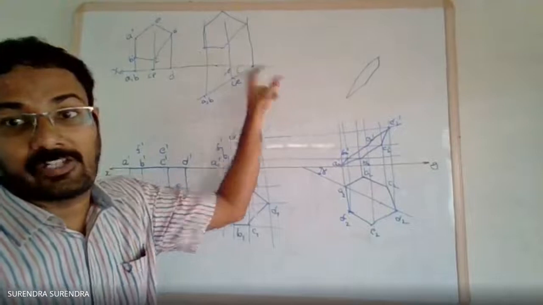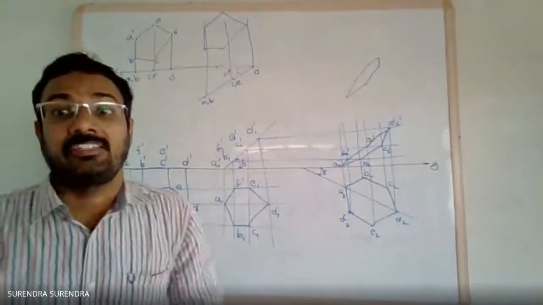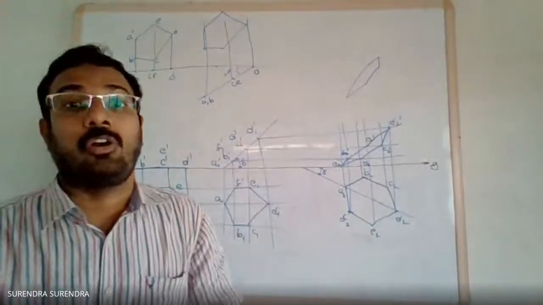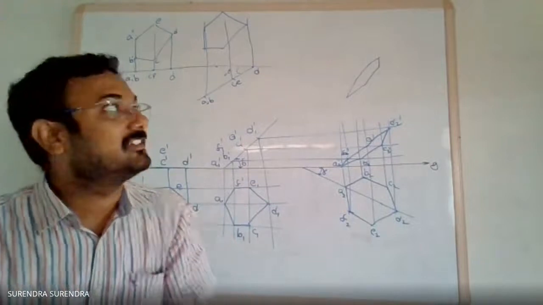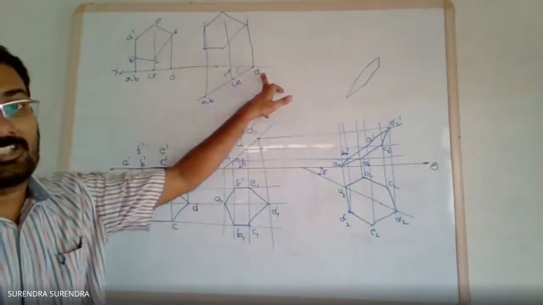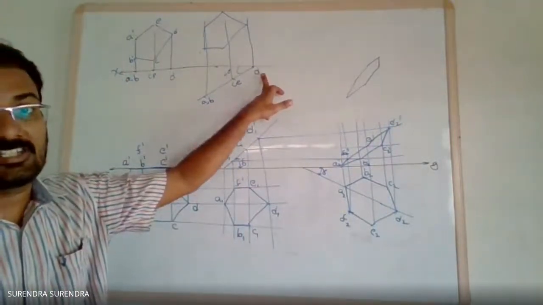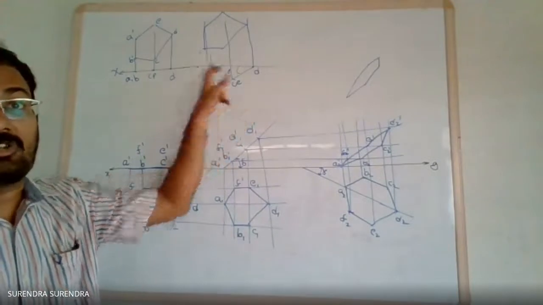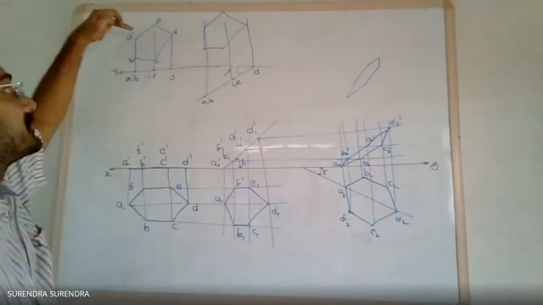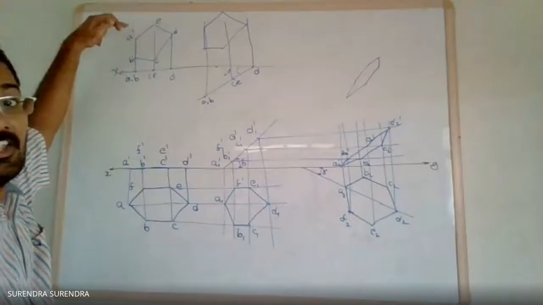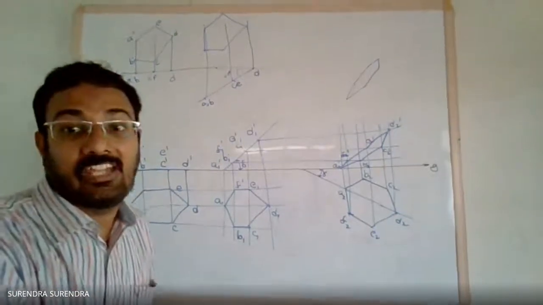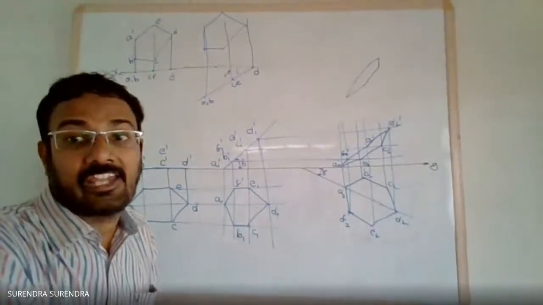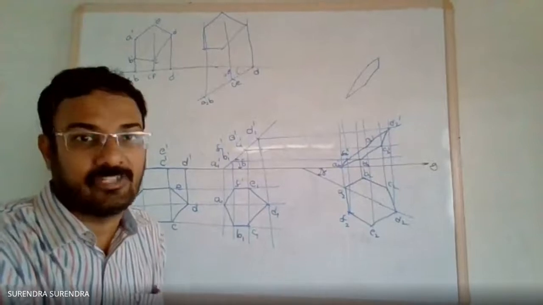The condition given is the edge opposite to the corner on VP. The resting corner is D, and the edge opposite to D is AB. Means the AB line makes an angle of 45 degrees with the HP.